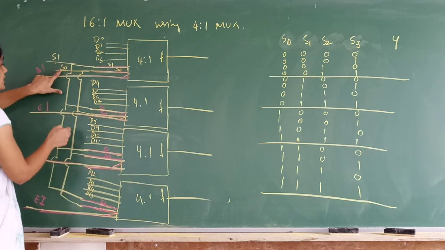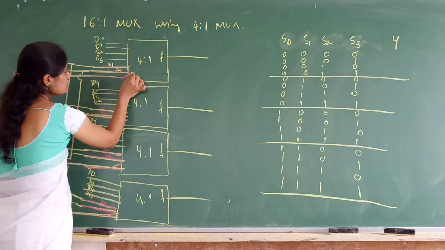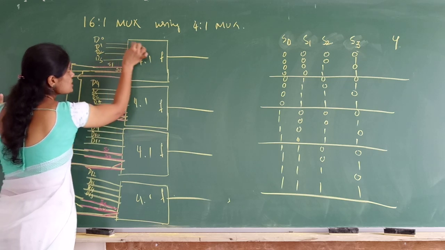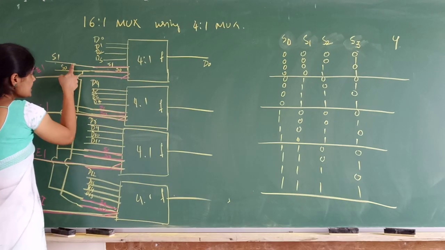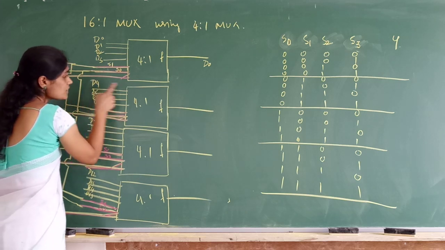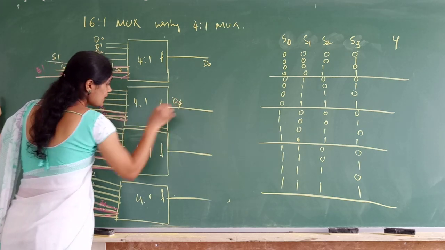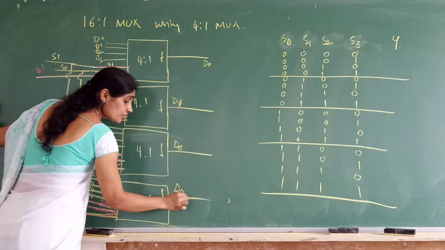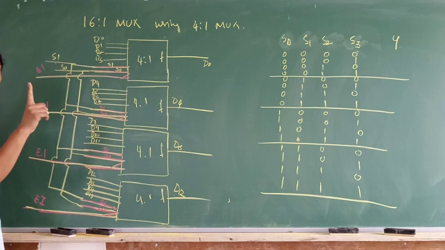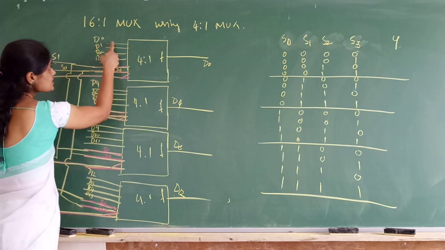Are you able to understand? If you give select input as 0, 0, first input will be selected. So you get the output as D0. Similarly, the same 0, 0 is given here. So D4 will be selected. Similarly, here D8. Similarly, here D12. Here, what is the first input line?